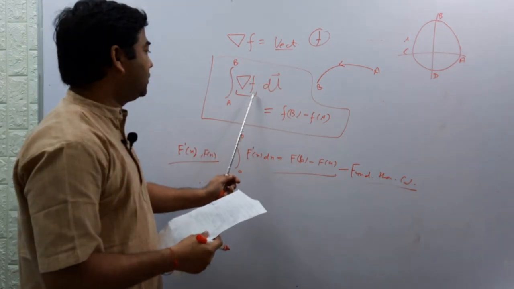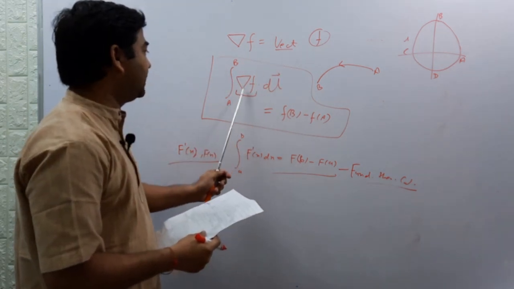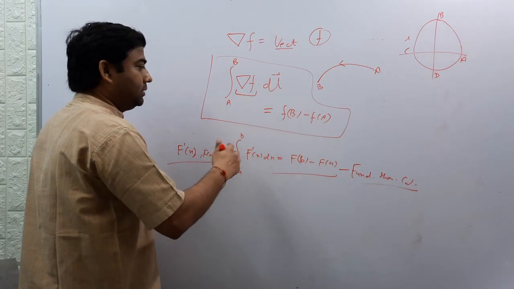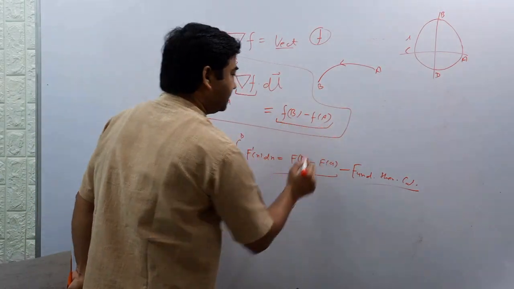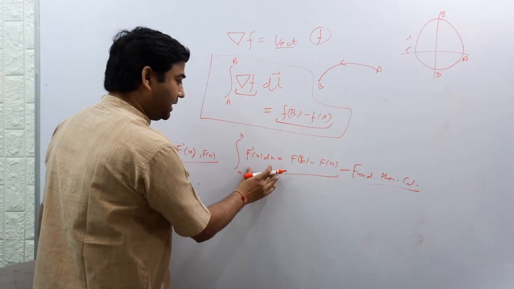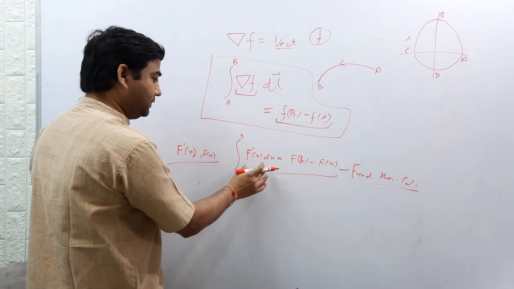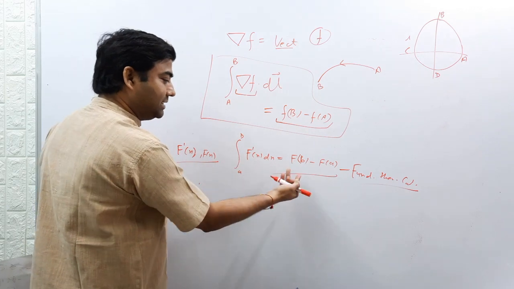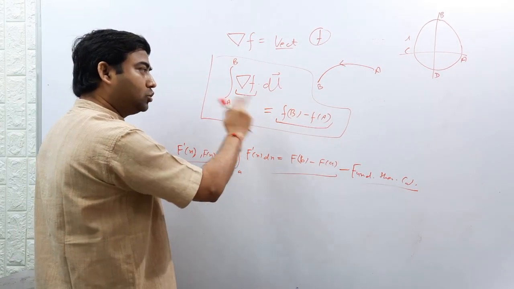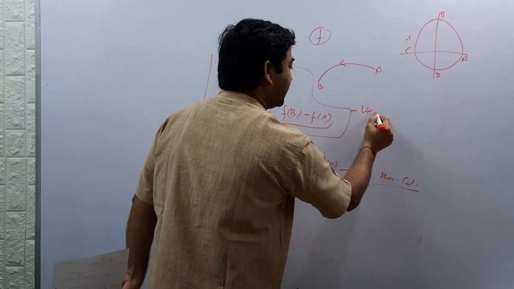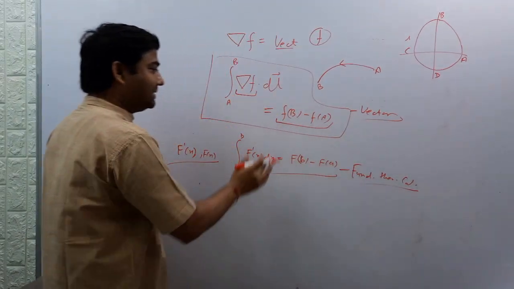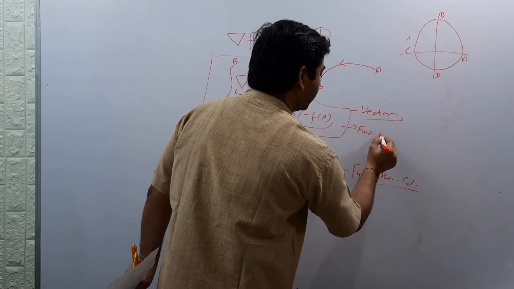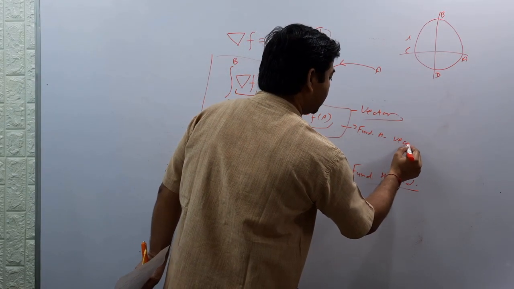Now the line integration of this vector function, the gradient of f, from A to B will be f(b) minus f(a), because just as in normal calculus we find the antiderivative to find the definite integration, this formula holds true for vector calculus also. Hence this equation is called the fundamental theorem of vector calculus.